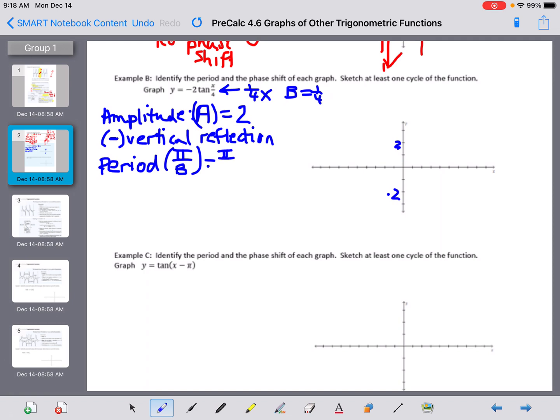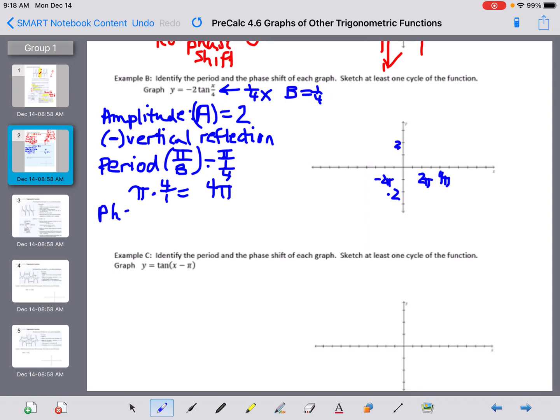So I have pi divided by 1/4. That's the same thing as keep, change, flip. So it's really going to be 4 pi. So 4 lines out is my 4 pi. Halfway between that is 2 pi. That means all my increments are just pi at this point. Okay, so I get a negative 2 pi over here and such.